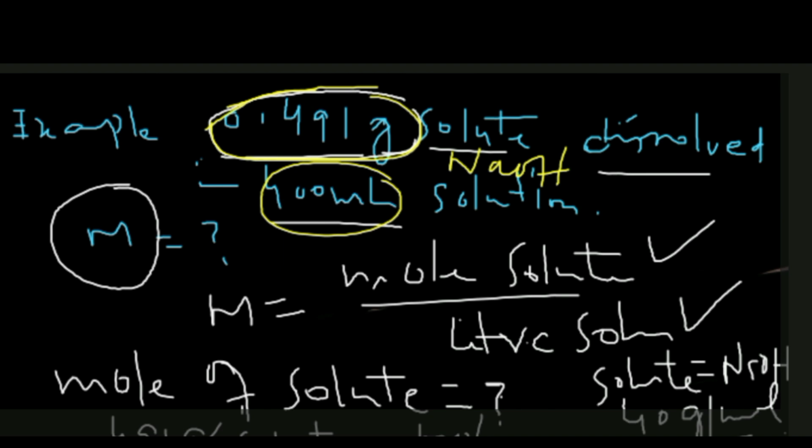From this we have got a 0.0306 molar solution of NaOH. So in this way you can determine the concentration in the form of molarity of sodium hydroxide.